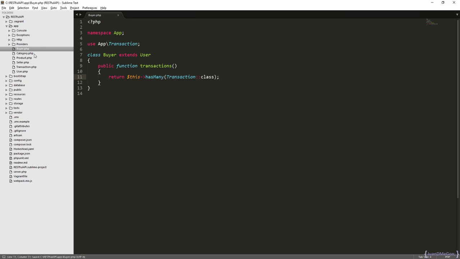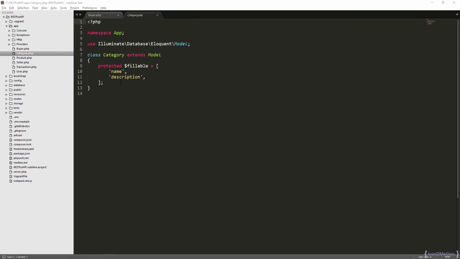Let's continue with the category. We know that a category has a many-to-many relationship between products and of course category. So Laravel resolves the many-to-many relationships using the belongs to many relation. Of course, it requires a pivot table, but we are going to implement that pivot table later.